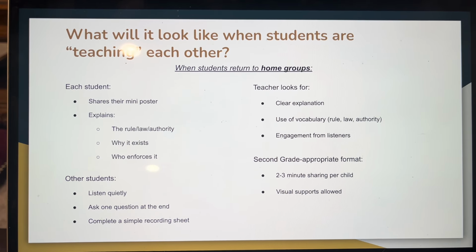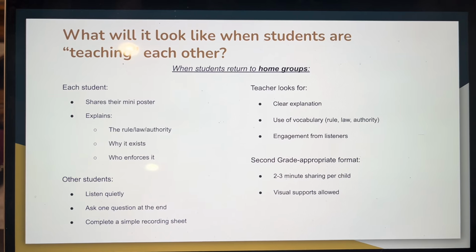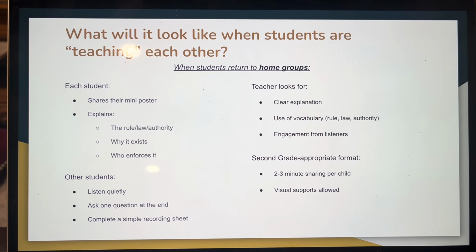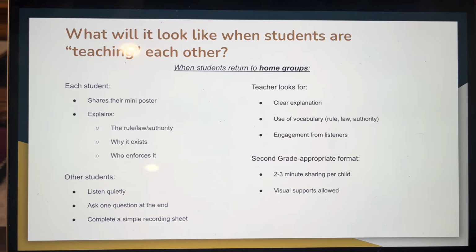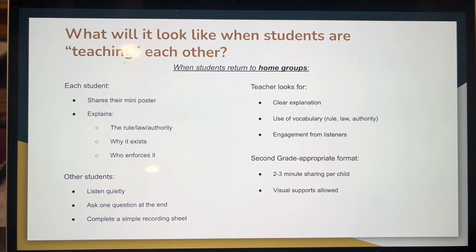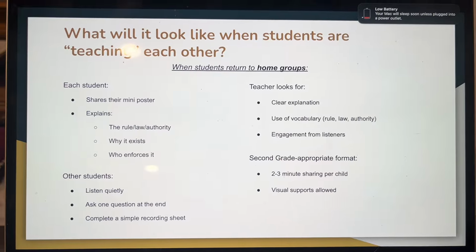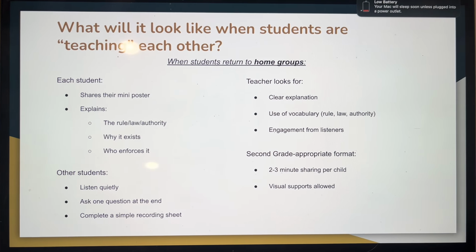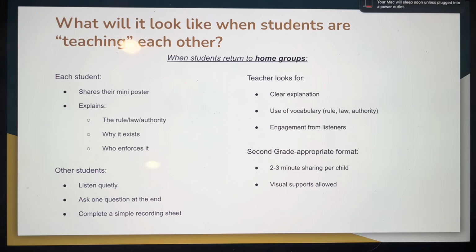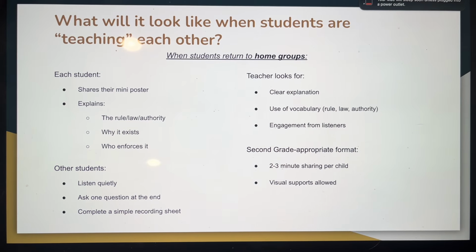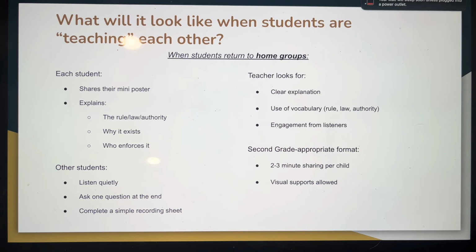What will it look like when students are teaching each other? When students return to their home groups, each student will share their mini poster and explain the rule, law, or authority, why it exists, and who enforces it. Other students will listen quietly, ask questions at the end, and complete a simple recording sheet.